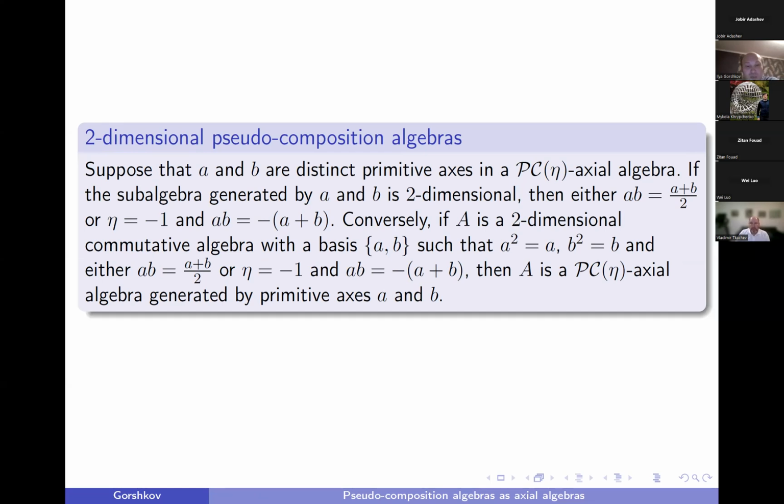Another theorem: these algebras can be two-dimensional, and we also need to classify this algebra. Let me take A, B, okay. In this theorem, I have a description of how we can multiply these two axes if the algebra generated by A and B is two-dimensional.